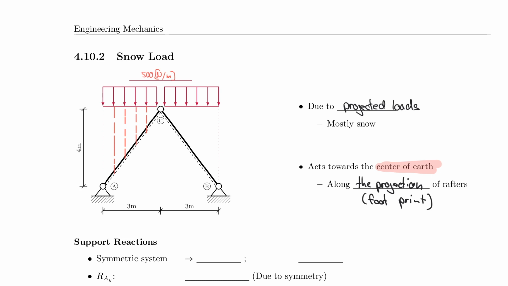So now you may ask yourself, why is this done? Why can I not just use self-weight here? Or why can I not just directly convert this 500 along something that matches this slope? And the reason for that is very simple. Snow loads are given in big manuals for different elevations across the world, or in this case for the United States.